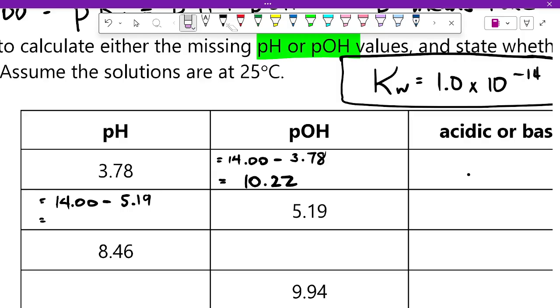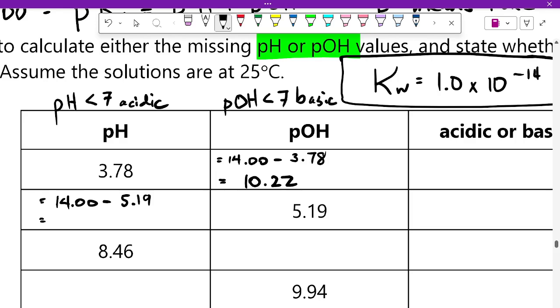Is it acidic or basic? Yes, let's go into that. pH less than 7 is acidic. pH greater than 7 is basic. pOH less than 7 is basic.